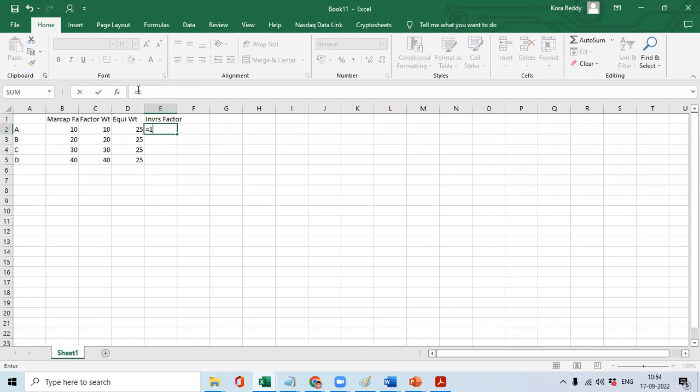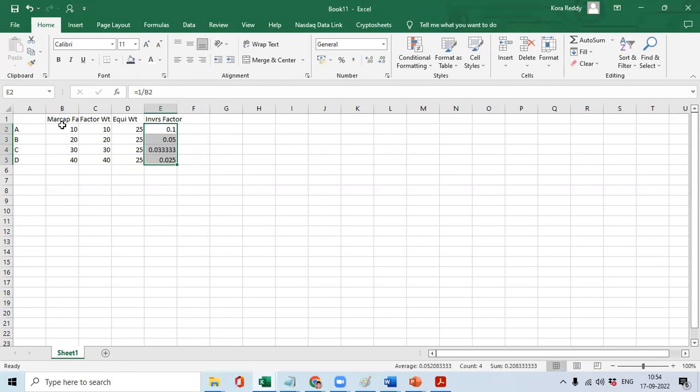This is very simple, 1 by factor. Now you allocate into the factor weights like this, the inverse of the factor. So for stock A, which is the lowest market cap, you are allocating the highest money, that's 48. And for the highest market cap stock, which is D, you are allocating only 12%. Everything put together will become 100.